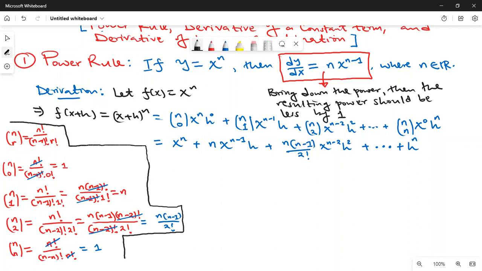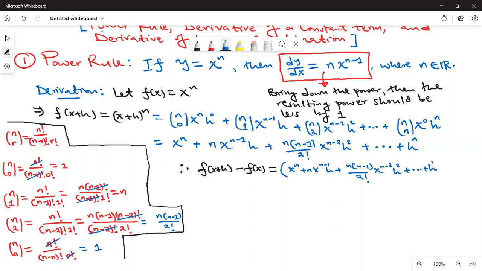Therefore, f of x plus h minus f of x is equal to x raised to n plus n x raised to n minus 1 times h plus n times n minus 1 over 2 factorial x raised to n minus 2 h squared plus so many other terms up to the last one h raised to n, then minus x raised to n.